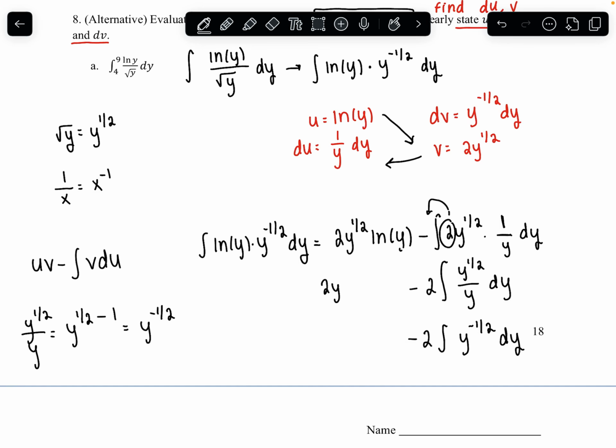Let me bring all this down so we don't forget about it. That's a y, not a 4. Now we're going to evaluate that, which we kind of already did. So we'll have this minus 2 times this antiderivative, which we did earlier, so hopefully it's still fresh.